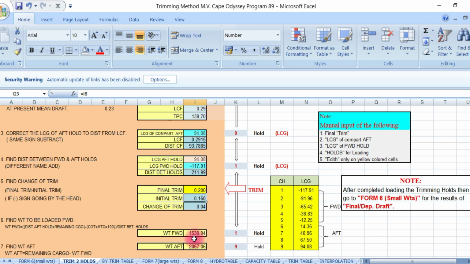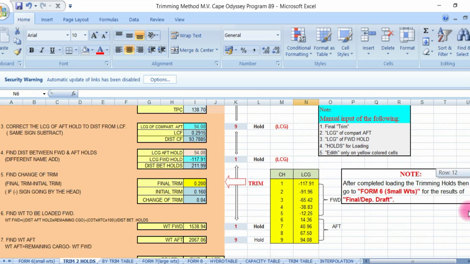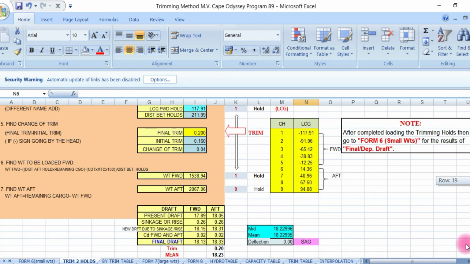Okay, 1539. Put here 1539. And on the up part, you will load 2067. And how much will be your departure drop?